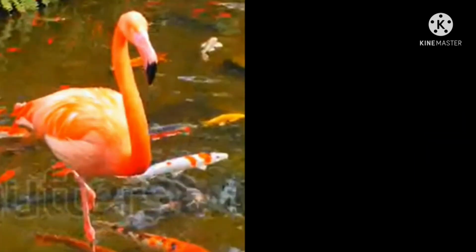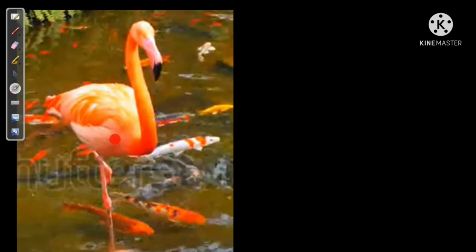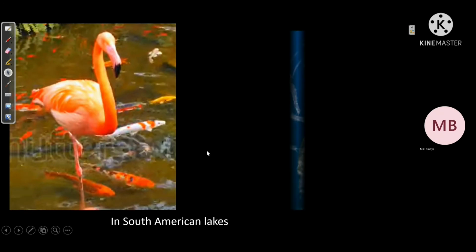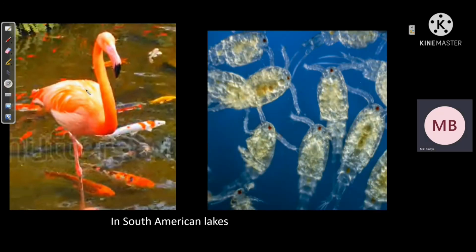As seen in South American lakes, there exists competition between the bird flamingo and the fishes growing there. They both belong to different species, but they compete for the same food resource, like the zooplankton, these are copepods.